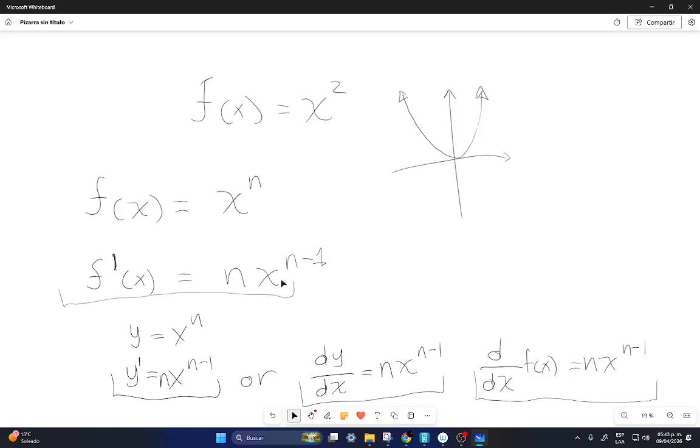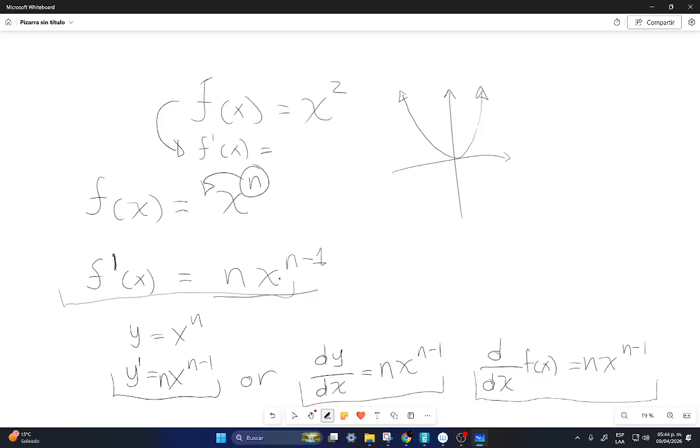But basically, we can find the derivative function by taking the exponent down to multiply the variable and whatever coefficient it has, and subtracting 1 from that exponent, always when we have something like this.